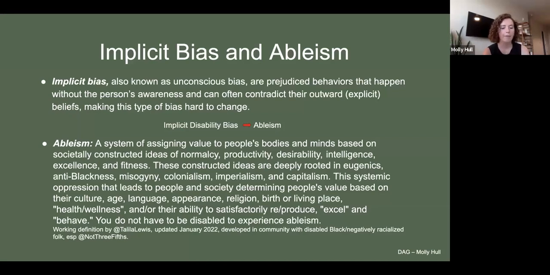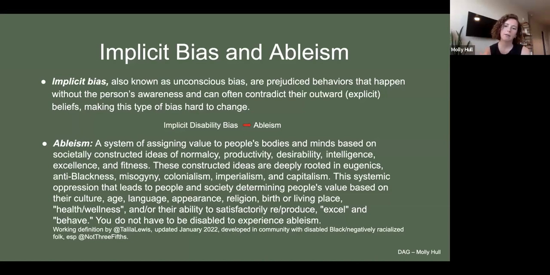And on the bottom half of this slide is a definition presented by the activist Talila A. Lewis, who expands upon our traditional understanding, positioning ableism at the root of every oppression. So the definition reads, "A system of assigning value to people's bodies and minds based on societally constructed ideas of normalcy, productivity, desirability, intelligence, excellence, and fitness.